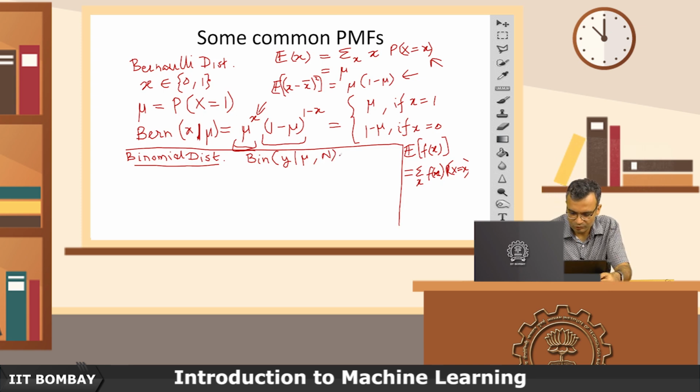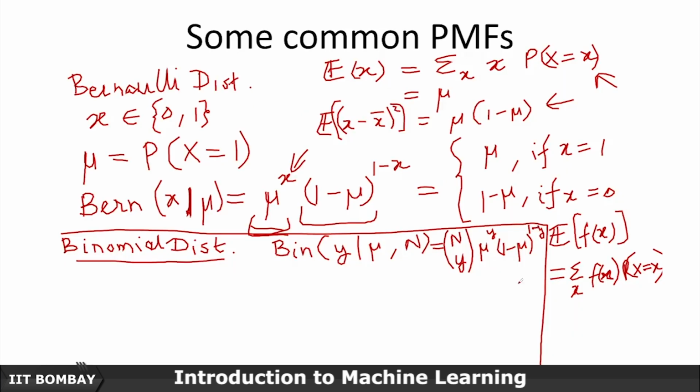So this binomial distribution is, as you might expect, n choose y, mu to the power y, 1 minus mu to the power n minus y. So this is the binomial distribution, and its event space is going to be 0 to n. So its graph is going to be from 0 to n and all the numbers in between.